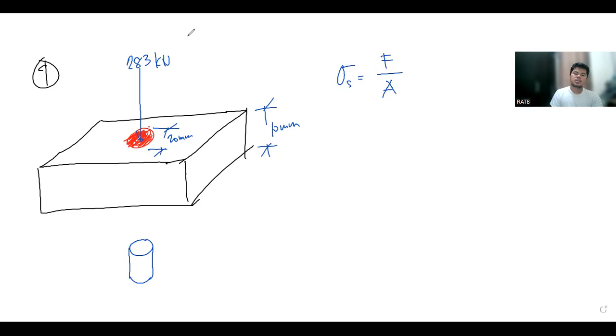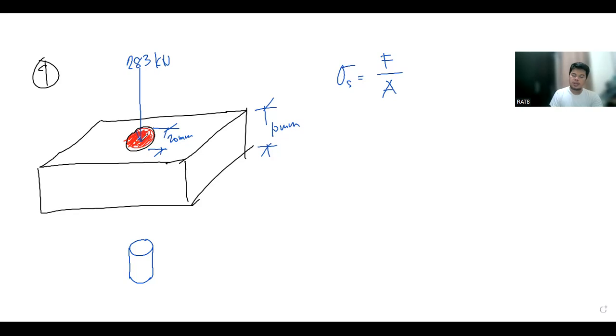So by looking at the figure presented, you might be taking a look at this area, the red colored circle, but that is not the case because we are being asked with the shearing strength. If we are asked with the normal stress, then obviously the area to be considered is the parallel area, which is the area of the circle.